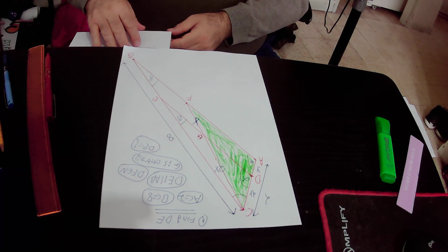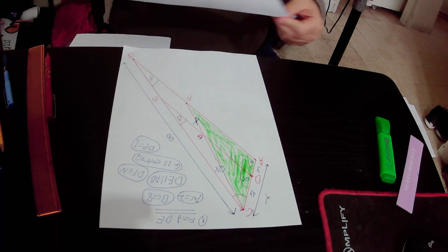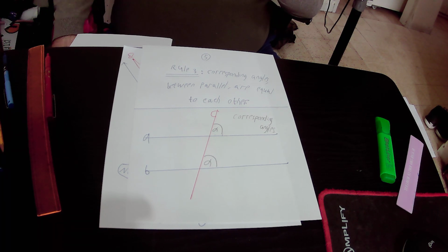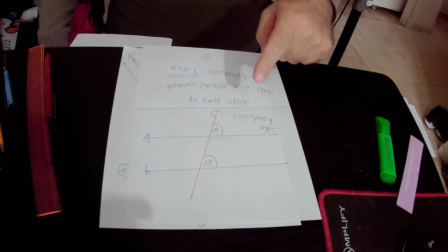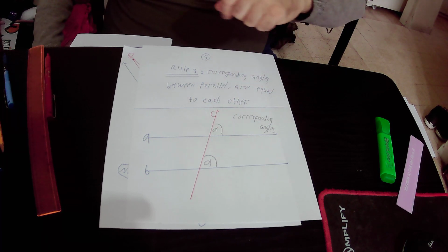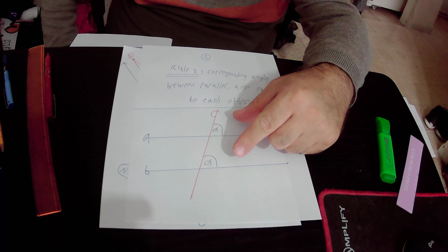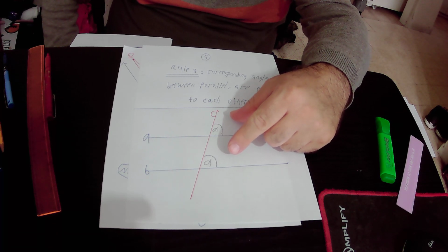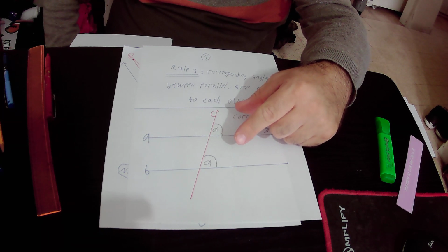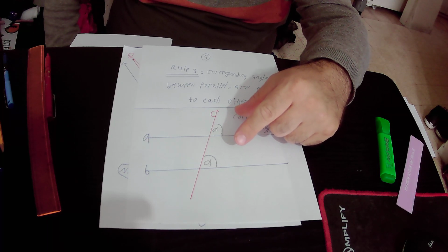Then I presented to you rule number 3. Rule number 3 states that corresponding angles between parallel lines are equal to each other. So if we have line A that is parallel to line B and line C intersects lines A and B, those two angles are defined as corresponding angles, and according to rule number 3, they will be equal to each other.